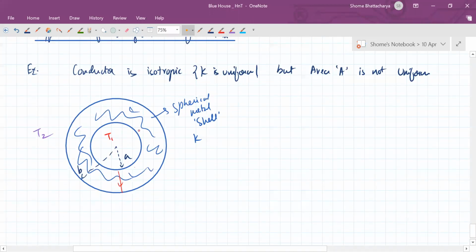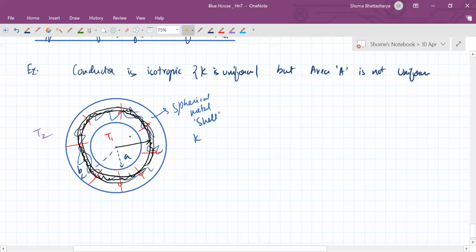This is the direction of heat flow. To find the equivalent thermal resistance here, we have to slice this into thin spherical shells, like you did for calculation of moment of inertia, etc. Whenever you have a spherical body and you are calculating something across its volume, this is the procedure used.